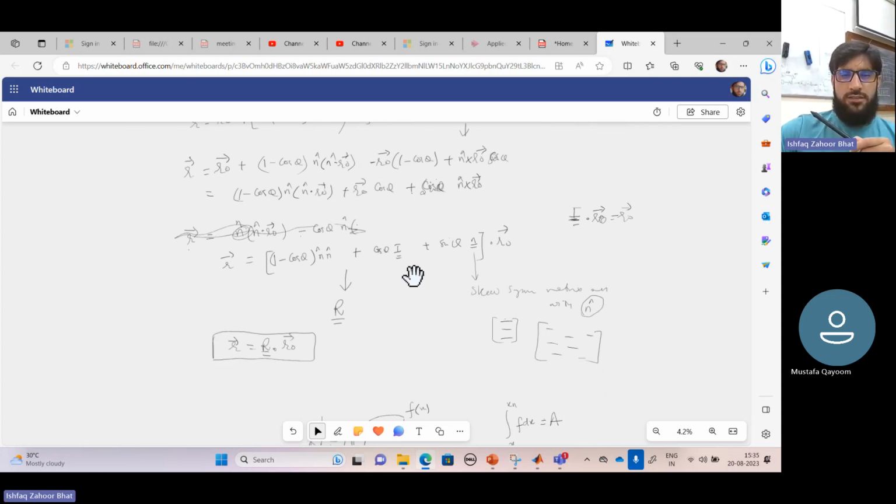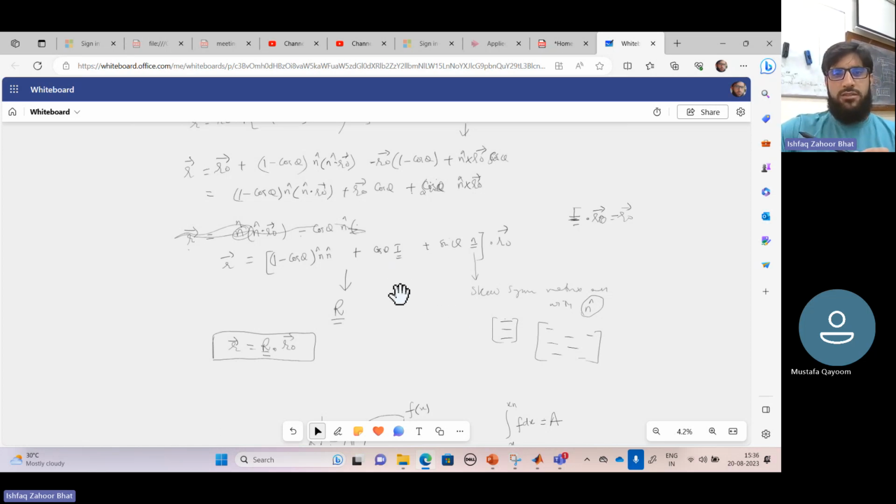So all these things were comprised of vectors, and this I, which is the unit tensor, is also a combination of vectors. Maybe one vector is like this, and I am putting another vector. But since vectors have their geometrical interpretation, anything which is made of vectors will have its geometrical interpretation.